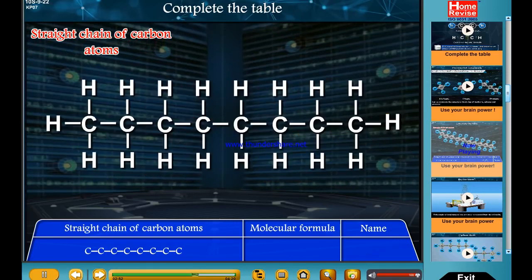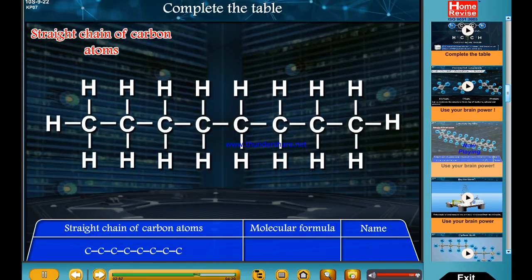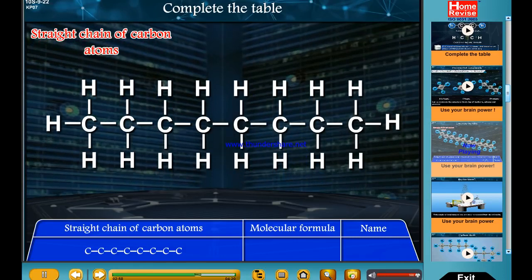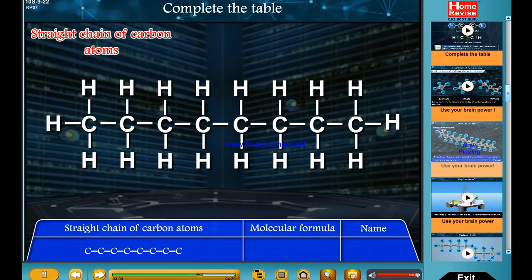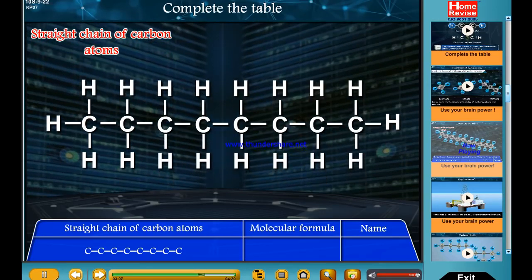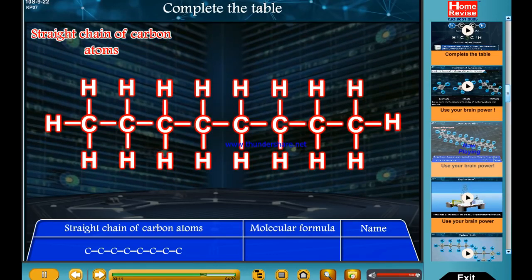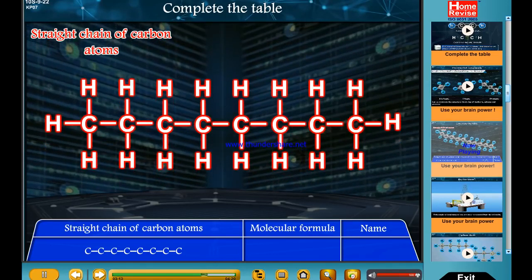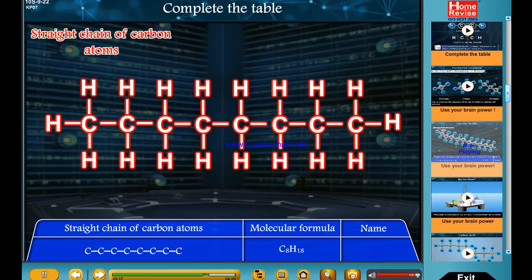Straight chain of carbon atoms with eight carbons, each joined by single bonds. This is the structural formula. Molecular formula is C8H18. Name is octane.